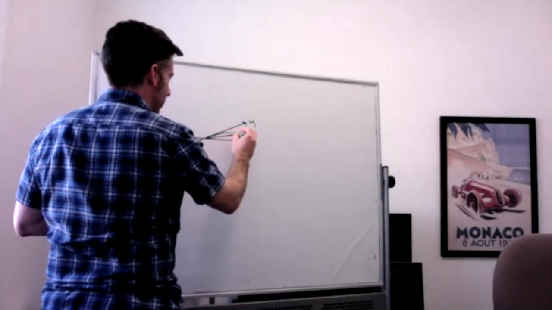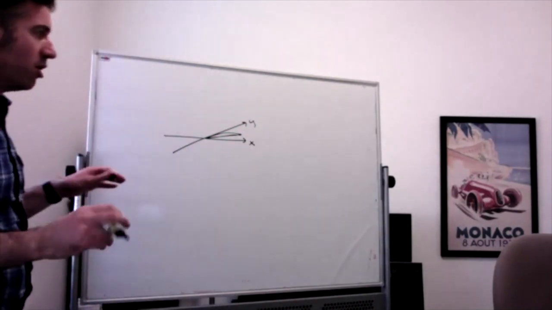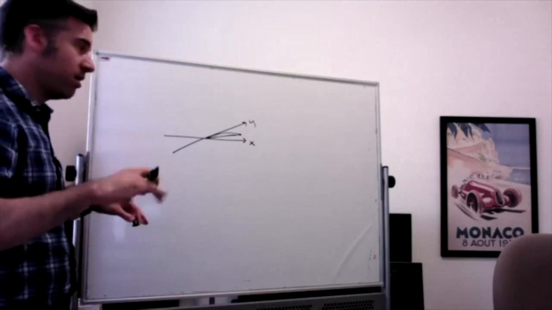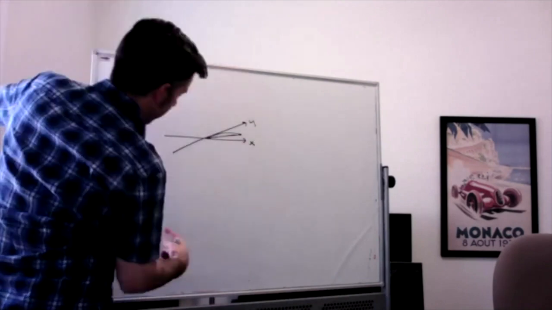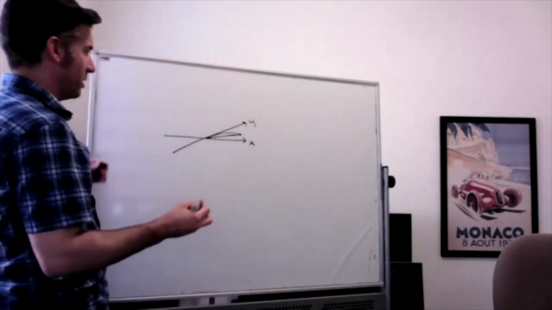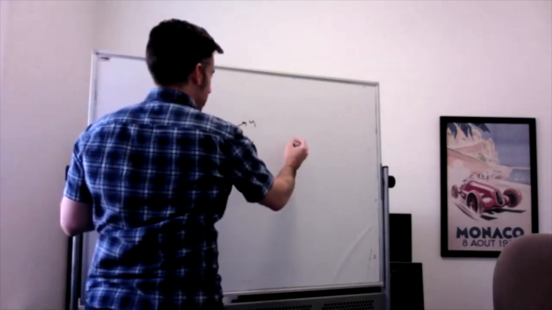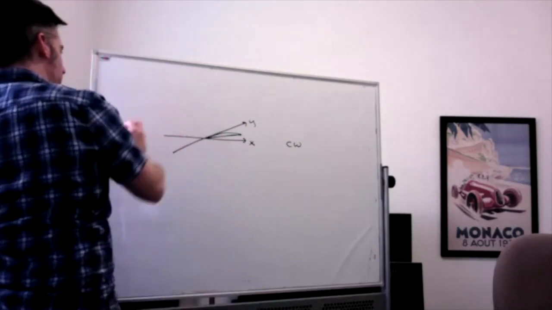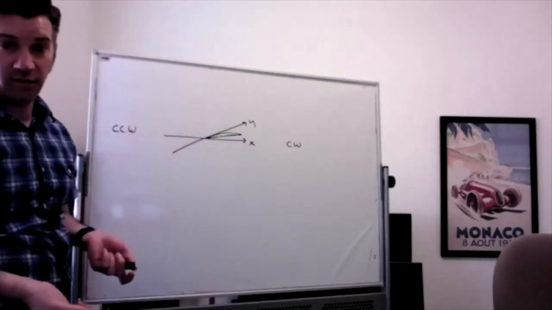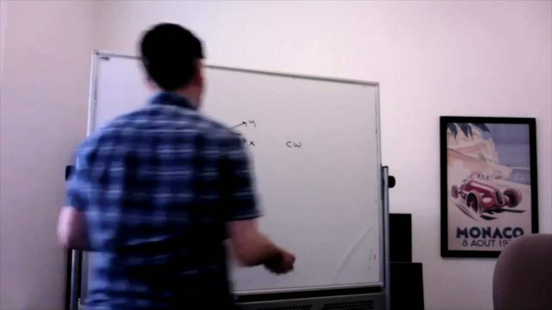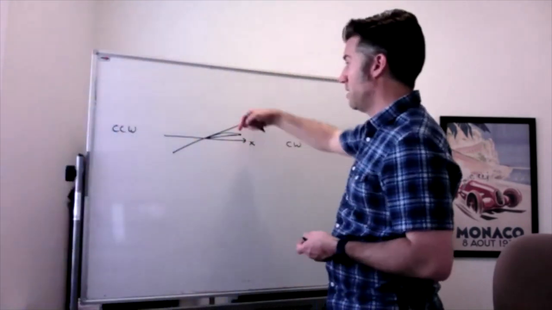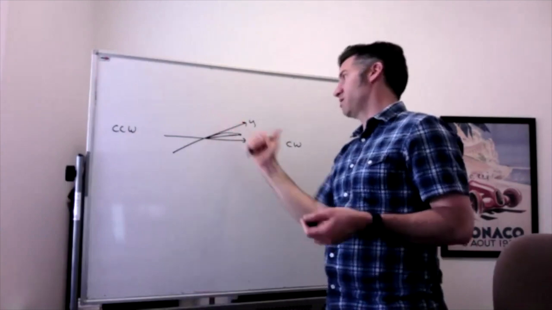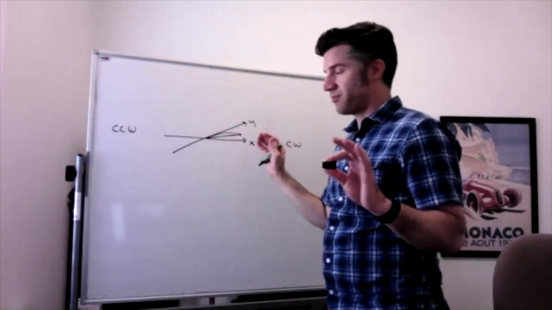Maybe I've got this shape living in the xy plane, and the moment around the y-axis is the tendency of this thing to swing either one way or the other. If it's swinging in a clockwise direction, it's got a positive moment. If it's swinging this other way, counterclockwise, it's got a negative moment. And the same kind of thing is true for the x. If we're talking about swinging on the x-axis, if it's swinging down that way, it's negative. Swinging down that way, it's positive.